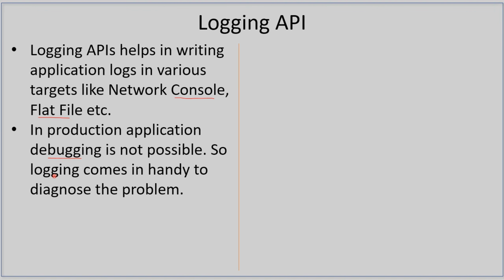Then that log file, whether it is a flat file or XML file, whatever the medium, will get transferred to the application developer, and they can diagnose the output, and at least they can come to know what happened in production when the bug happened.